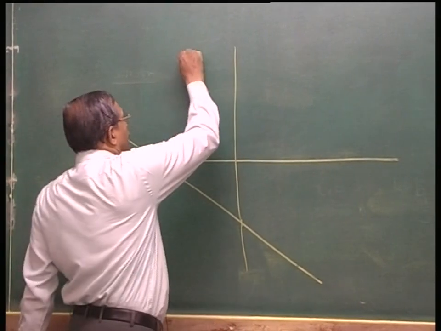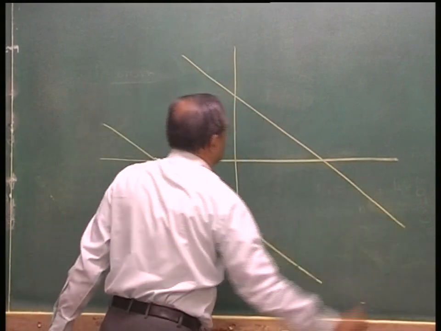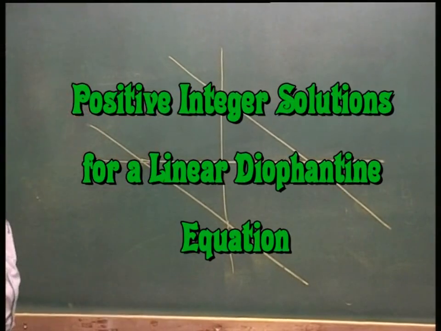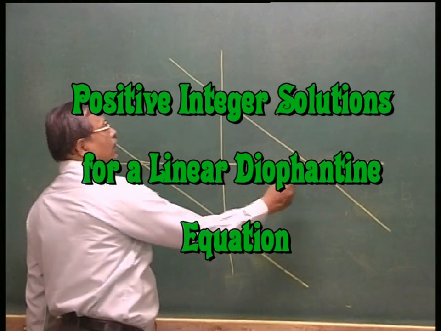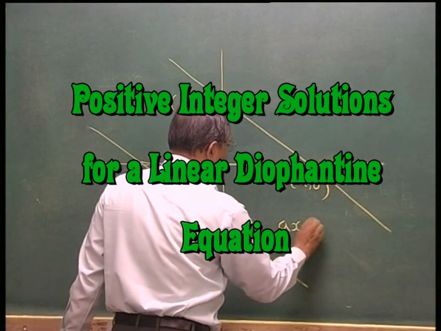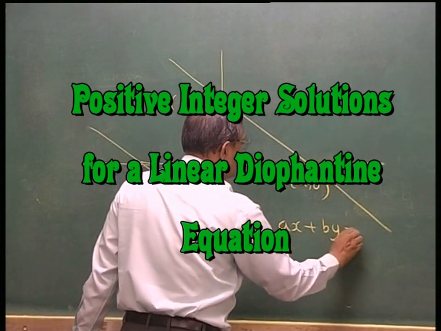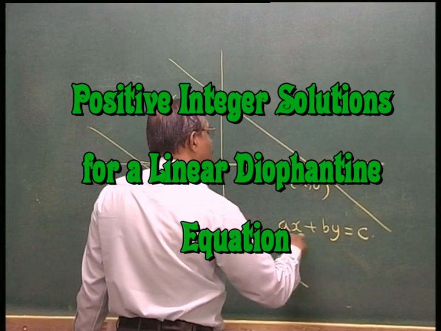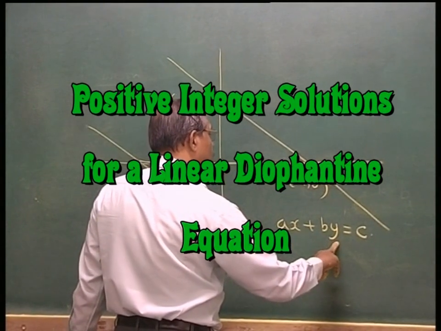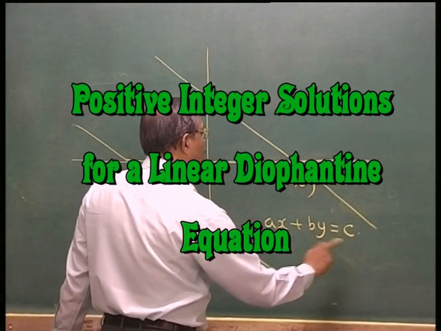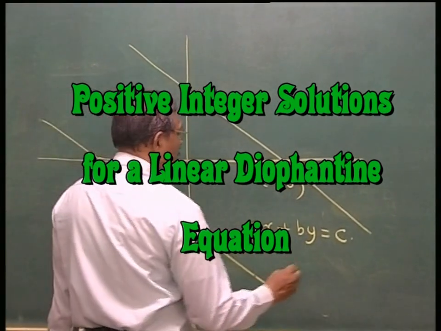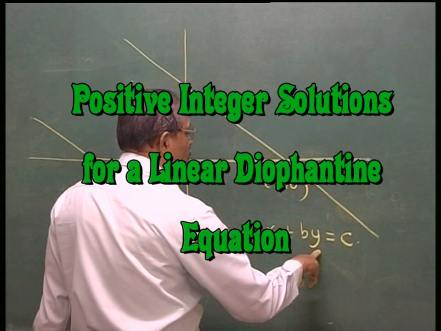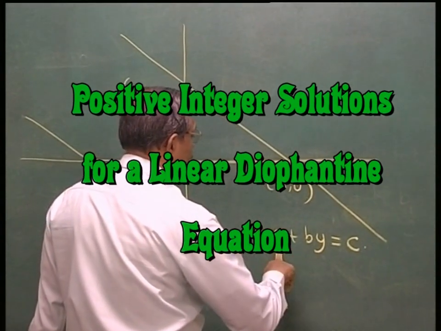However, if you have a line like this, ax plus by equal to c, so if you put y equal to 0, depending upon the value of c, suppose c is positive, then I can put y equal to 0 and get x equal to c upon a.